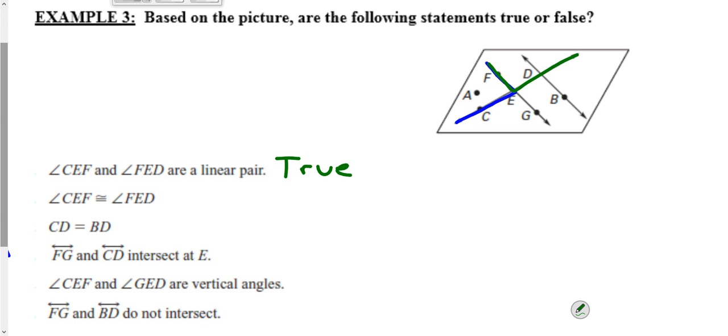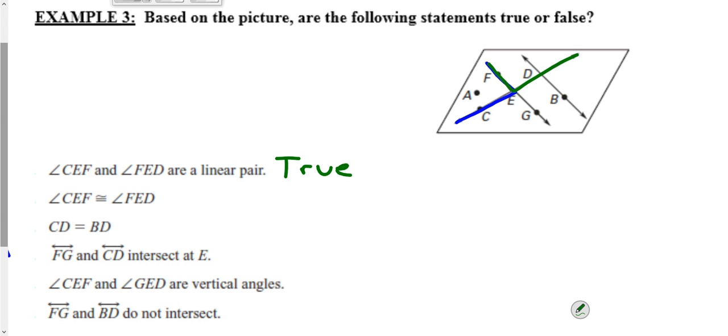Then we have angle CEF congruent to angle FED. Can we say that those two are congruent based on the picture? No, we cannot. We know that they're a linear pair, and a linear pair means that they're supplementary. Supplementary means they add up to 180 degrees.